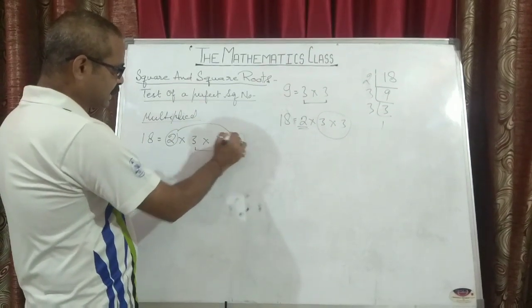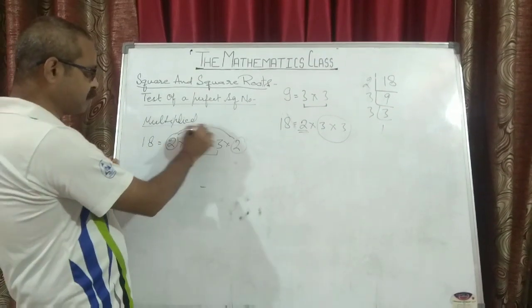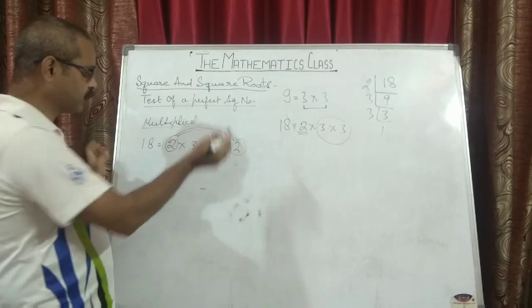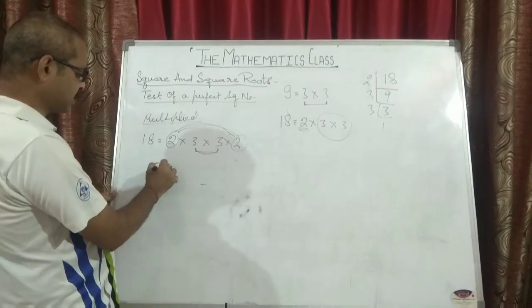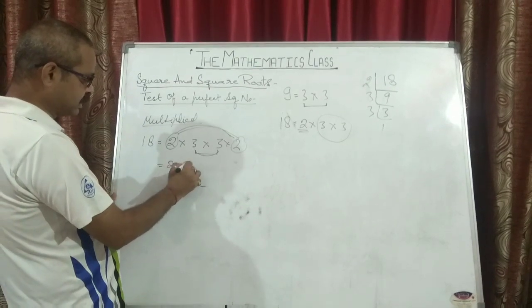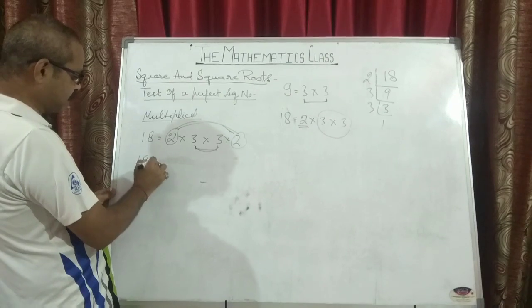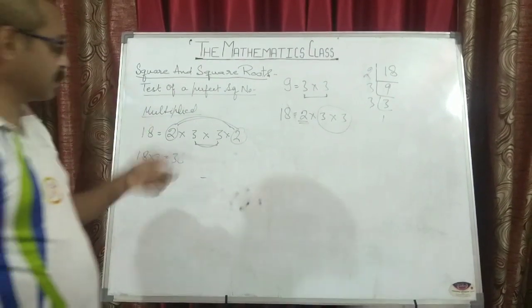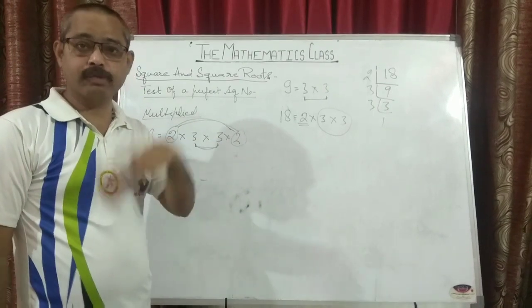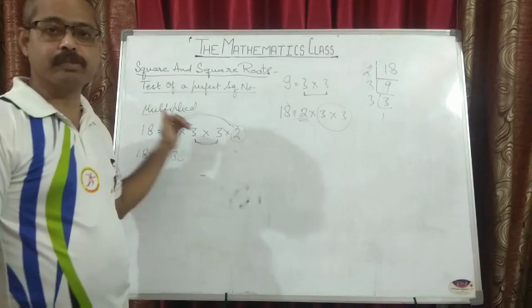You will get that 2 is also paired. So this is one pair and this is one pair. Therefore, whatever number this is, it becomes a perfect square. That is 2 into 3, that is 6. So 18 multiplied by 2 is 36, and it becomes a perfect square. So we must multiply the number by 2 to make it a perfect square.